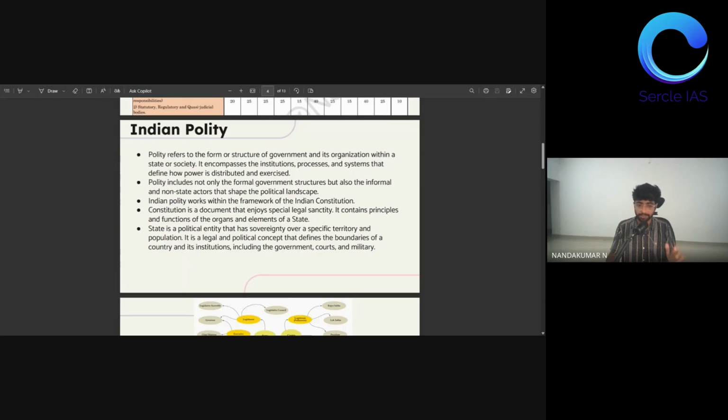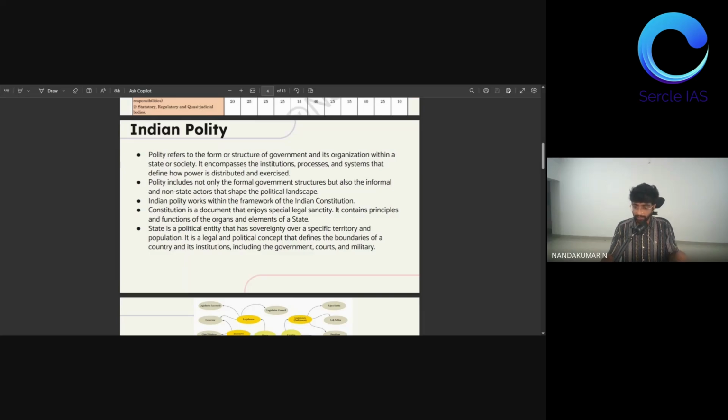It contains principles and functions of the organs and elements of a state, and it also clearly defines these aspects: how institutions, processes, and systems work, and how power is distributed and exercised among these institutions. So this is the idea of Indian polity, and Indian polity works well within the framework of the Indian Constitution.